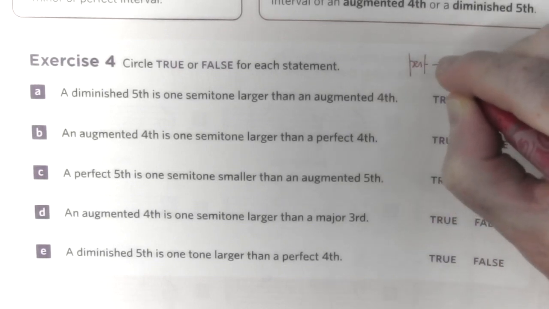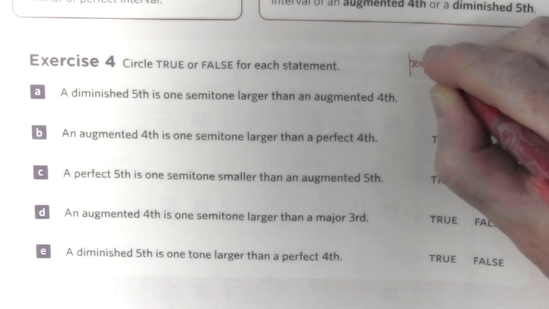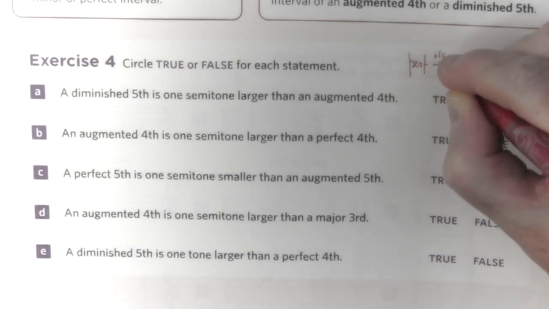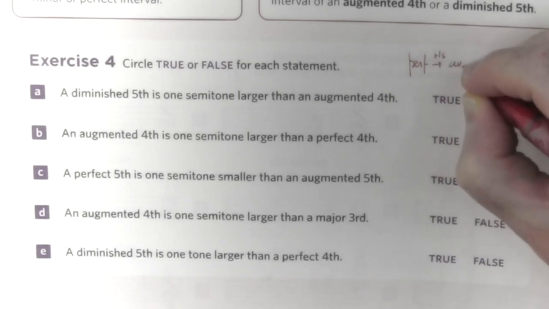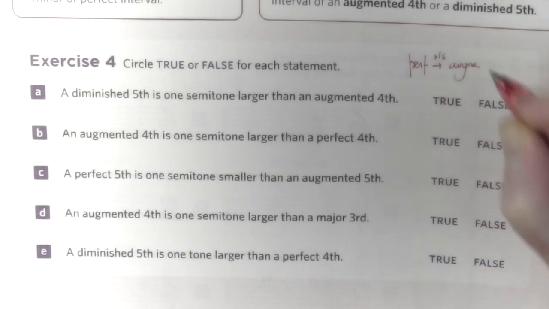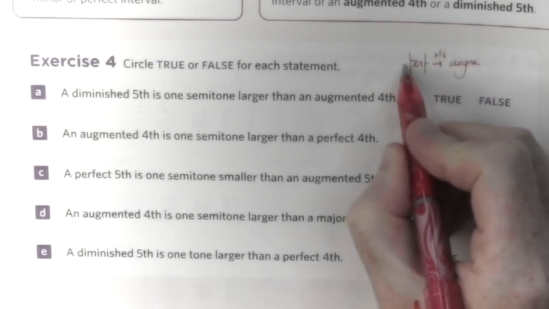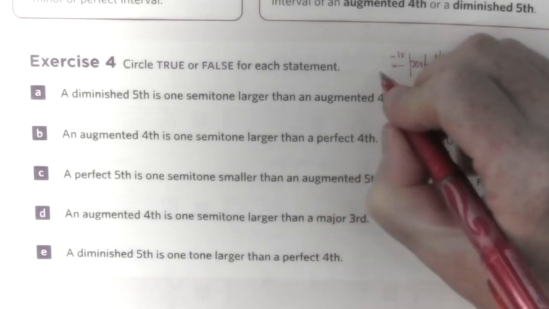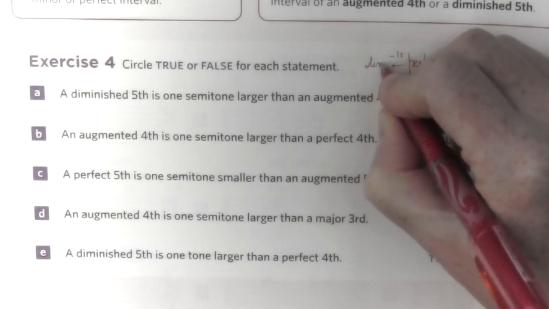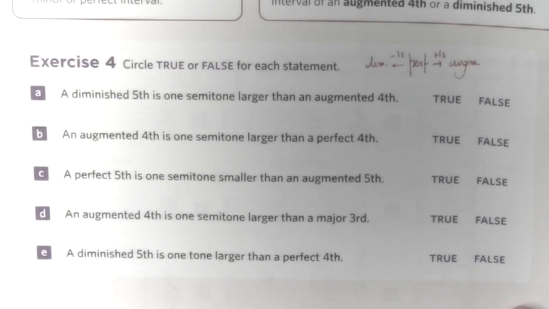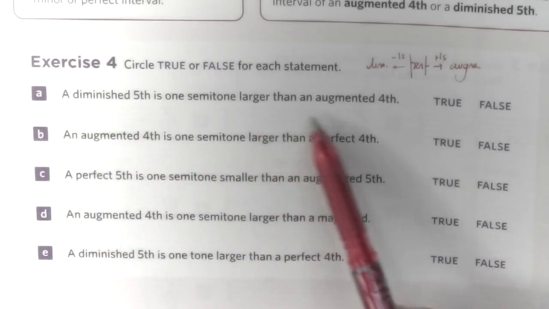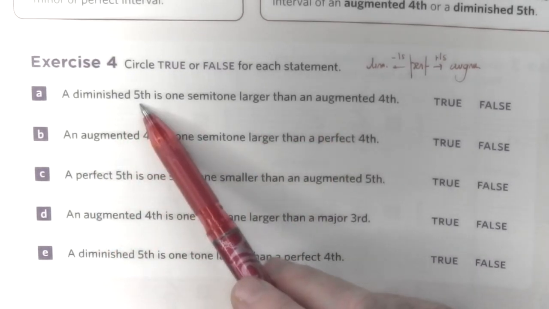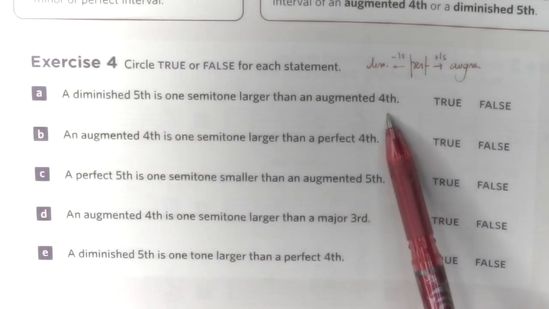A perfect interval plus one semitone becomes augmented. A perfect interval minus one semitone becomes a diminished interval. Okay, now a diminished fifth is in fact an augmented fourth.